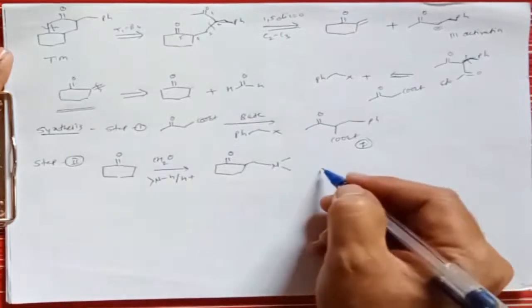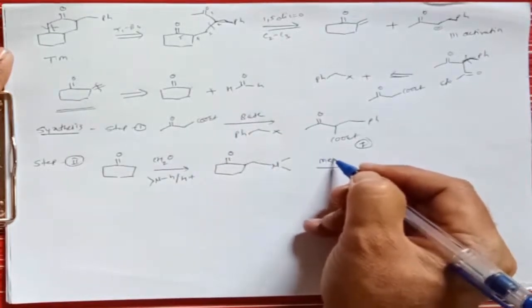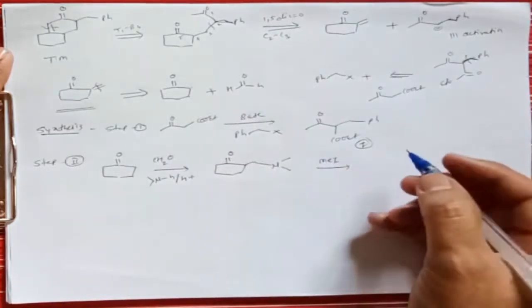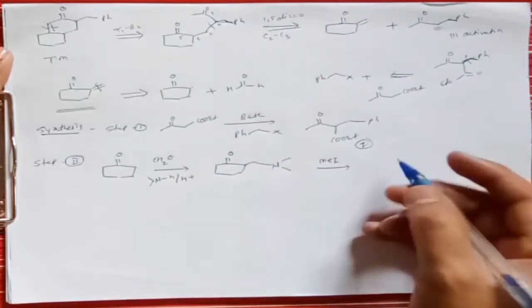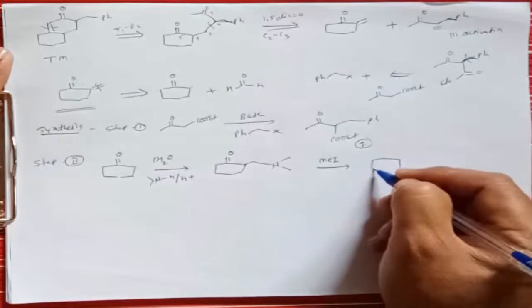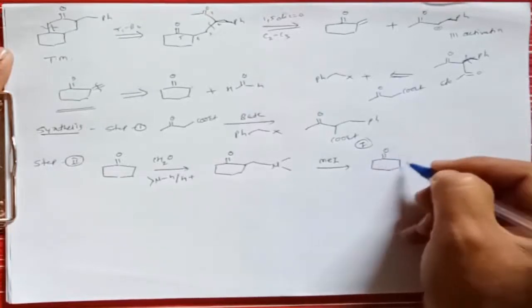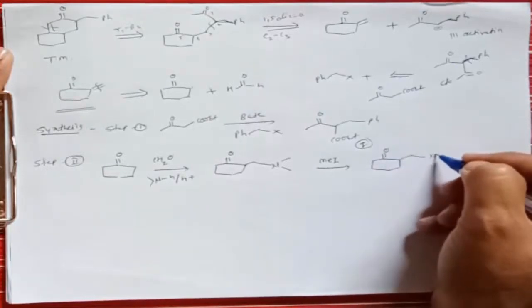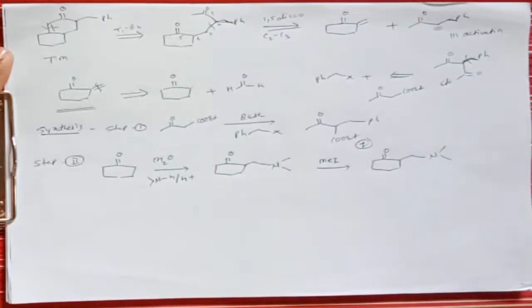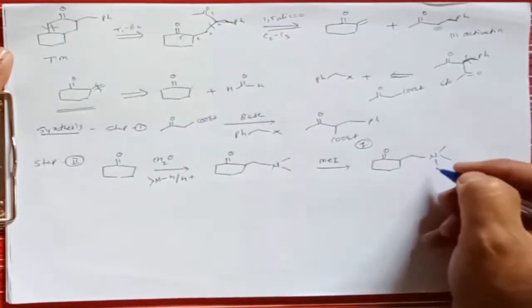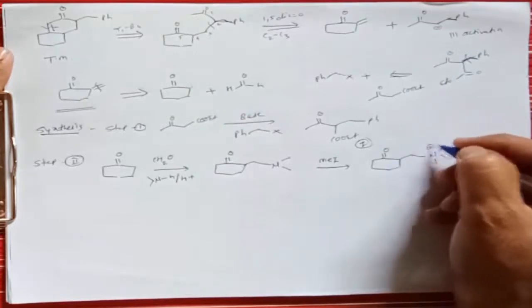So what does it give? It gives formation of a compound like this, that is CH2N(CH3)2, right? Now if you treat this molecule with methyl iodide, then what happens? It gives formation of a compound like this, where the cyclohexanone ring is there, then N(CH3)2, and one more CH3 will be there, with the positive charge as well as negative charge.